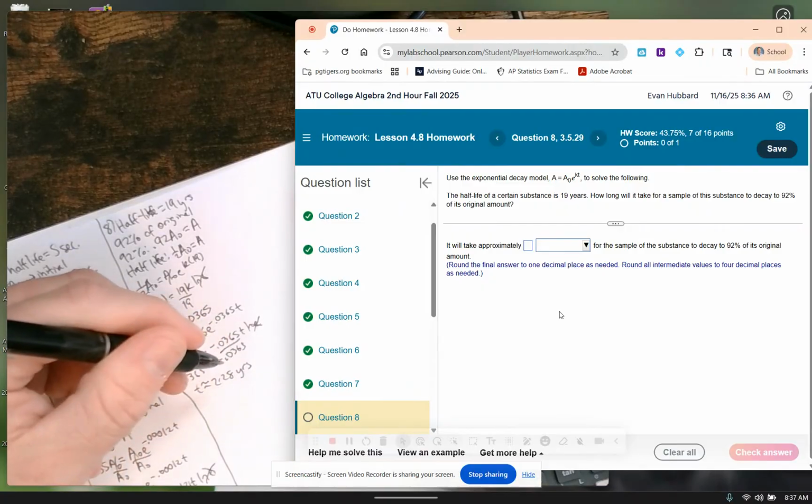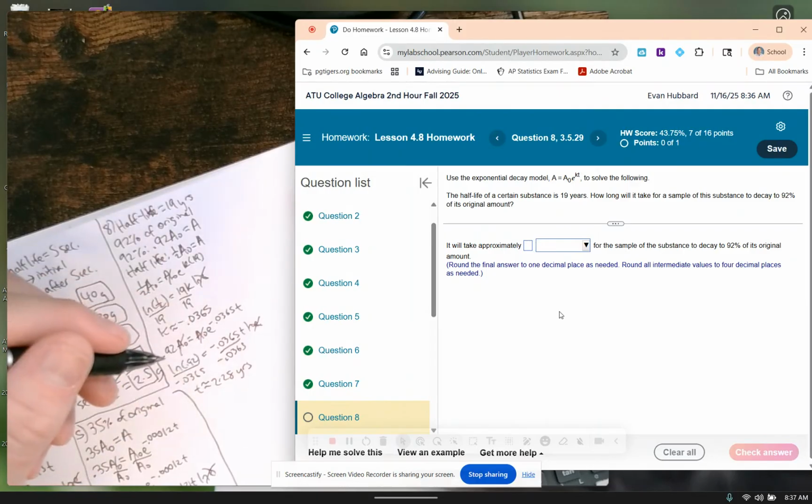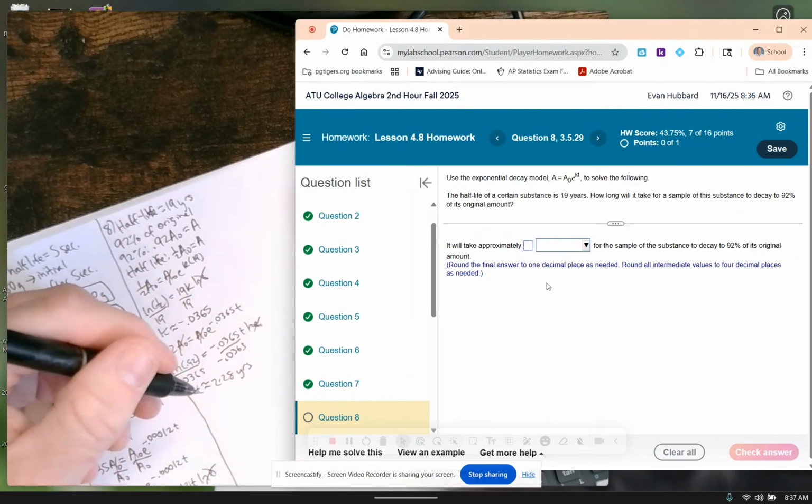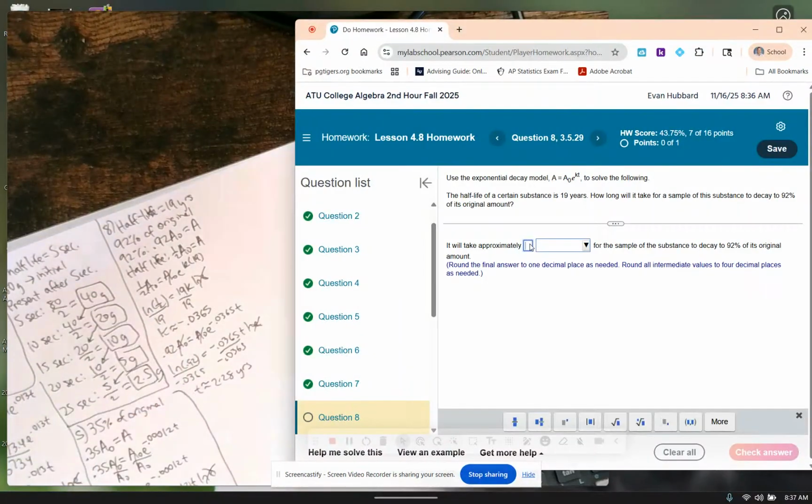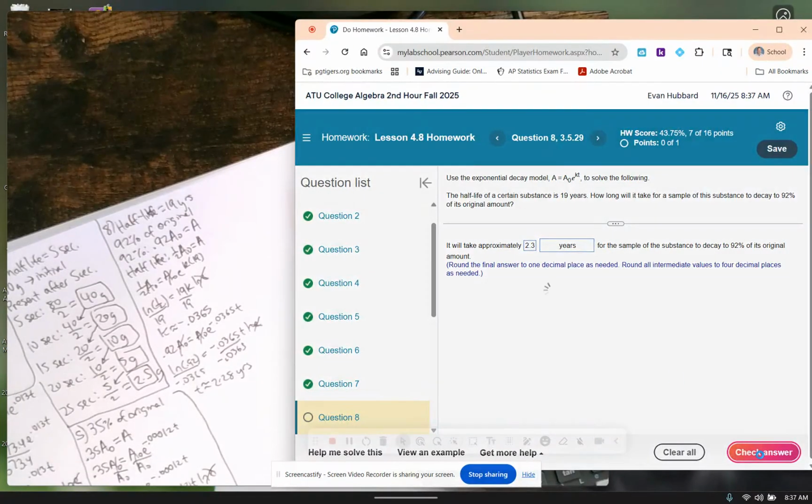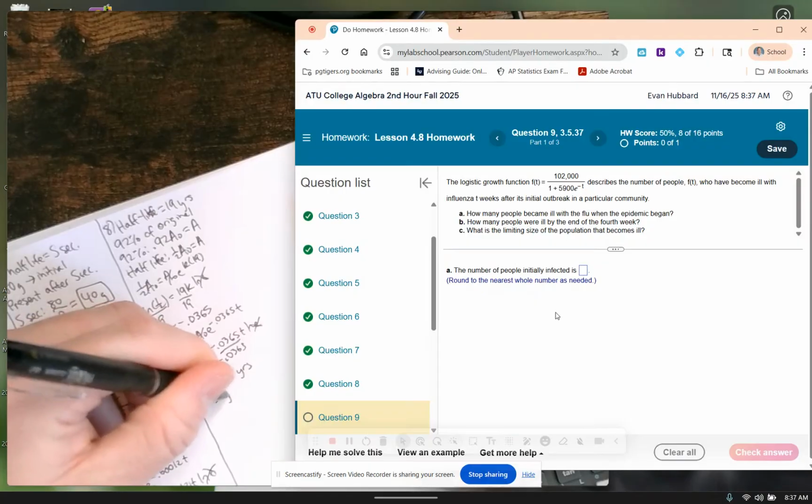And they want 1 decimal place, so 2.3 years. It'll take 2.3 years for the sample to decay. I'm not going to write out all that.